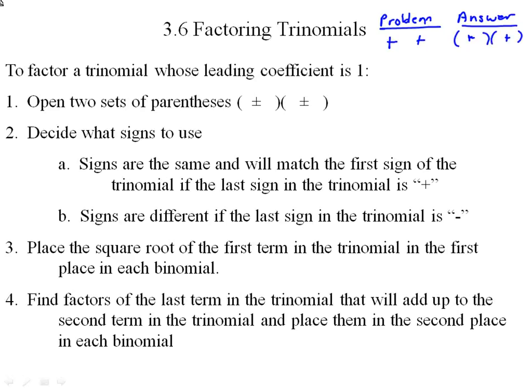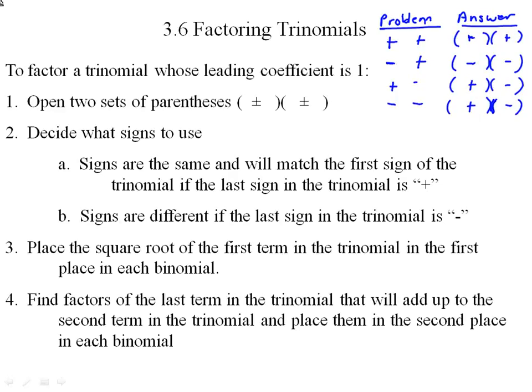If in your problem you have a minus and a plus, in your answer, you have a minus and a minus. If in your problem, you have a plus and a minus, in your answer, you're going to have a plus and a minus. If in your problem, you have a minus and a minus, in your answer, you have a plus and a minus.